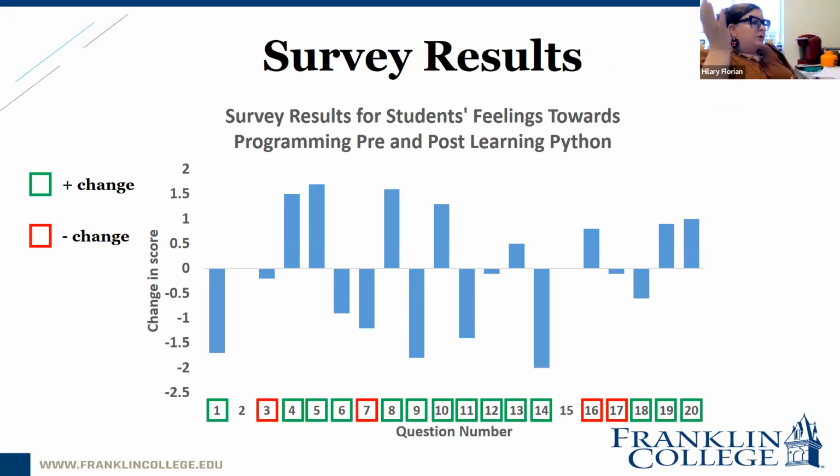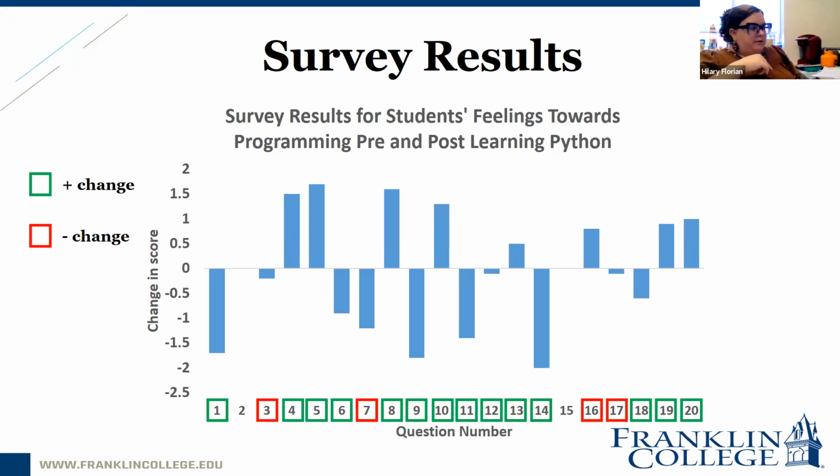Anyway, looking at the change in the score for their pre and post survey, the numbers that are boxed in green are the ones that resulted in a positive change, so the score shifted to a more positive feeling. The red boxes are the ones that were a more negative feeling.